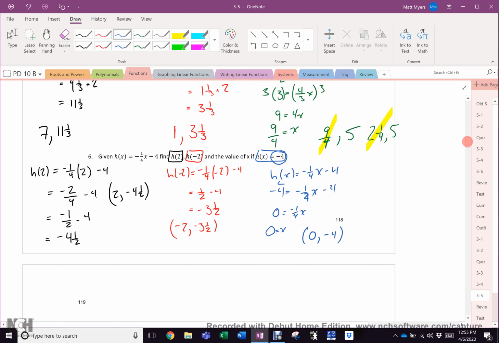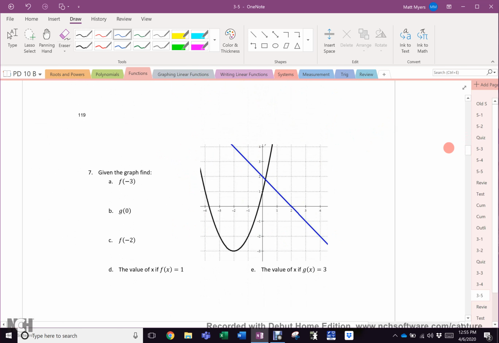Now, that was all algebra. Let's try it with the graph. This one is f of x, and this one is g of x.